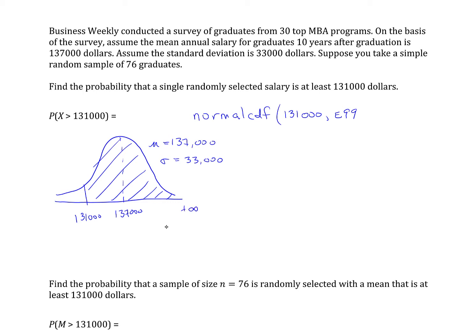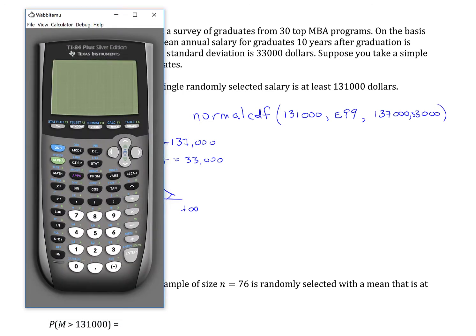So that's just something very large. It just means 1 times 10 to the 99th power. The last 2 inputs are the mean and standard deviation of your distribution. Oops, I need another 3 in there. There we go. Now, using the calculator, I'm going to run the normal CDF function to find this probability.